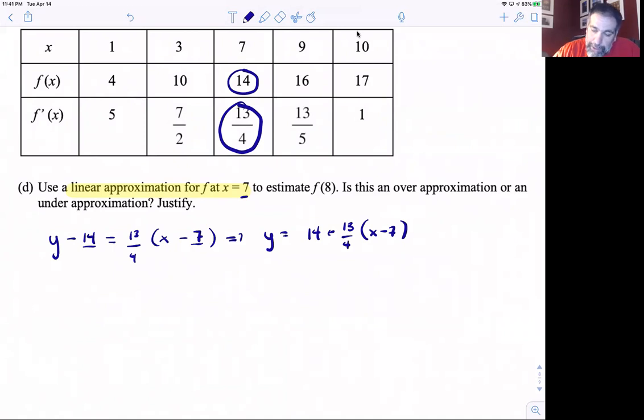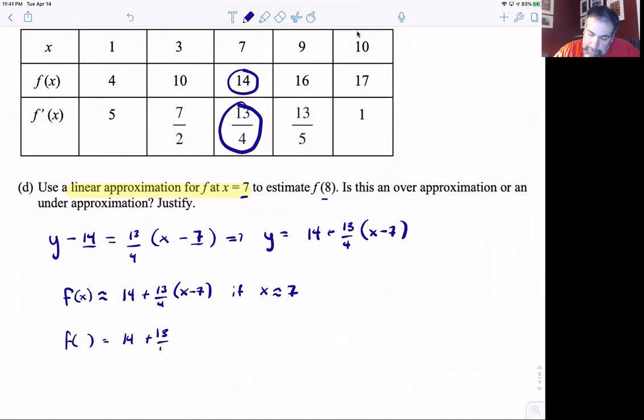So we're being asked to estimate f of 8. So we can say that f of x is approximately the same as 14 plus 13/4 times x minus 7, as long as x is really close to 7. So using this for f of 8, we're saying that when we plug in 8, we're going to get a very good approximation.